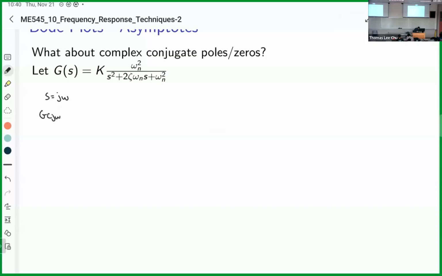So then we get G of j omega equal to K times omega n squared divided by minus omega squared plus 2 zeta omega n omega times j plus omega n squared. And then we're going to divide everything by omega n squared.